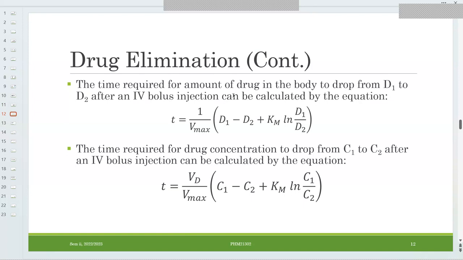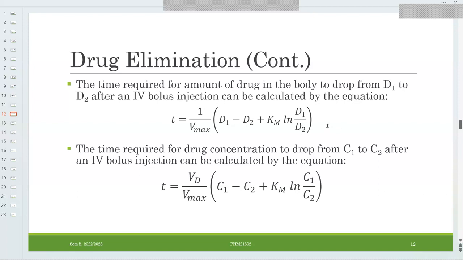For drug elimination, also the time required for the amount of drug in the body to drop from D1 to D2 after an IV bolus injection can be calculated using this value. Definitely, when you have oral doses, then you have to use F also, the bioavailability fraction, in the equation. But here, this is the equation to calculate the time between two doses, D1 and D2.